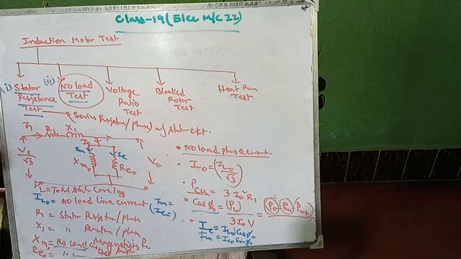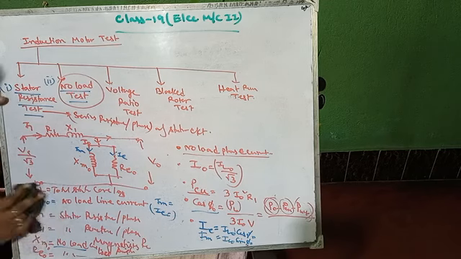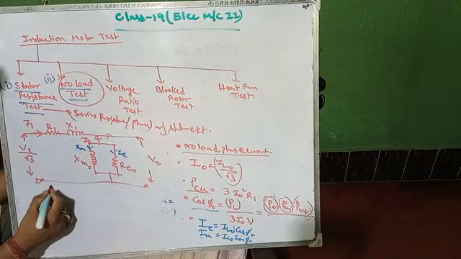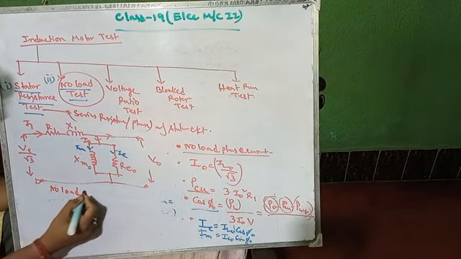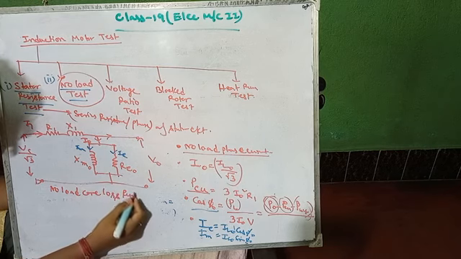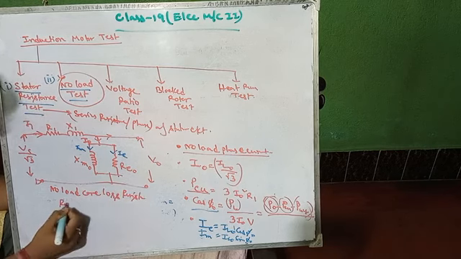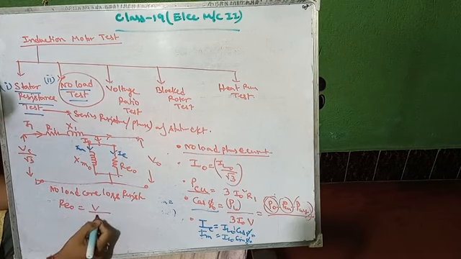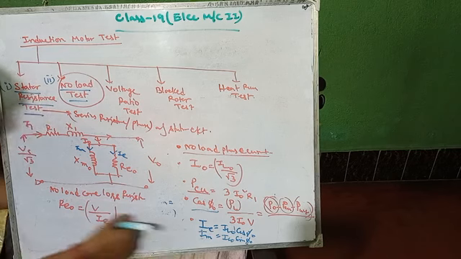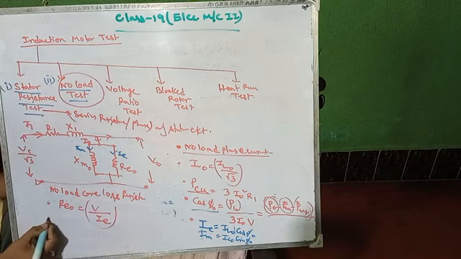Okay, so next one, no load core loss resistance, that is Re naught equals V by IE. Whatever the IE is, it will be put over here.